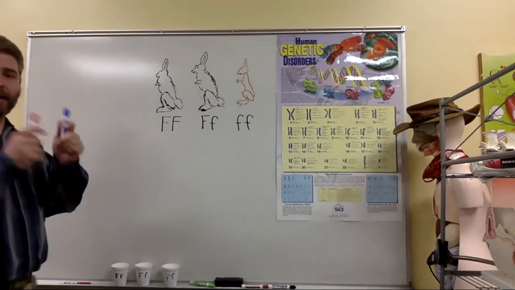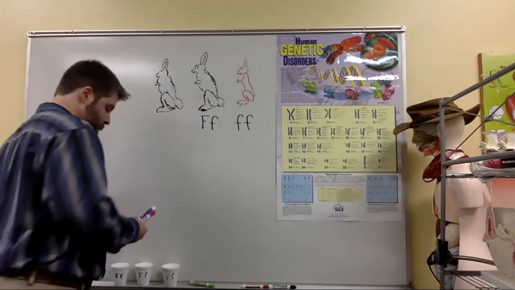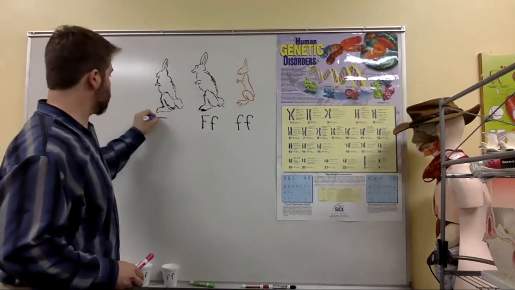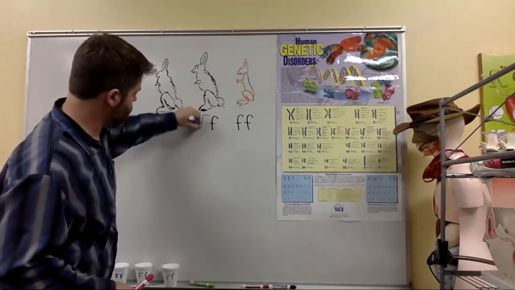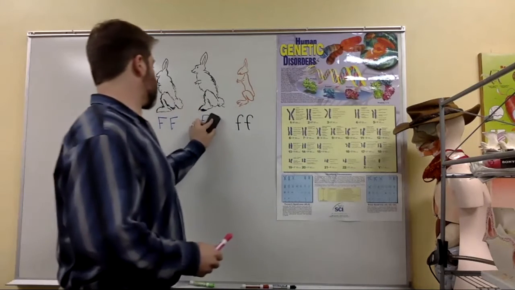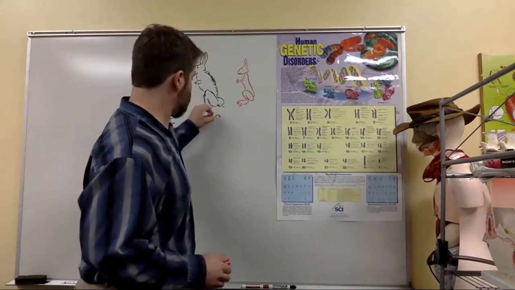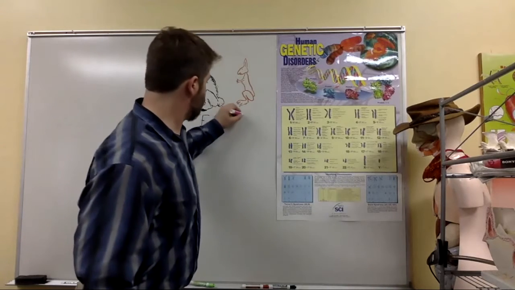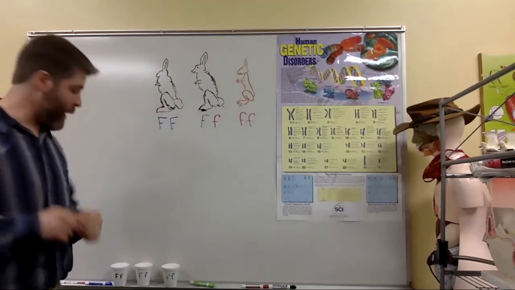So just so I don't forget, I'm going to make a change here. My dominant alleles are the blue one. And my recessive alleles are pink. That's just what I am doing. You do what works for you, what you have available at home.